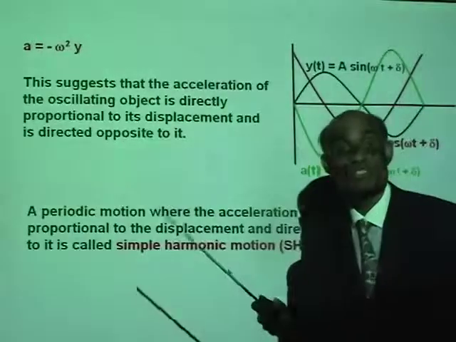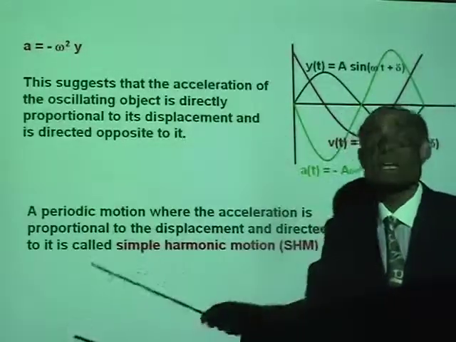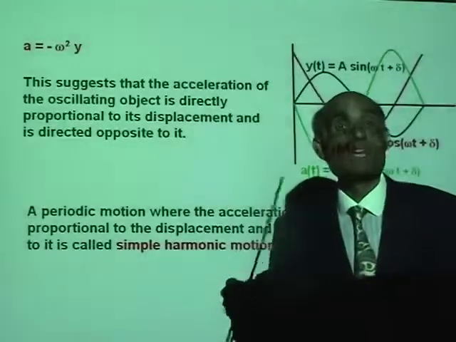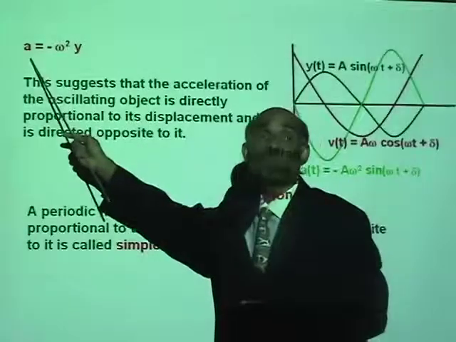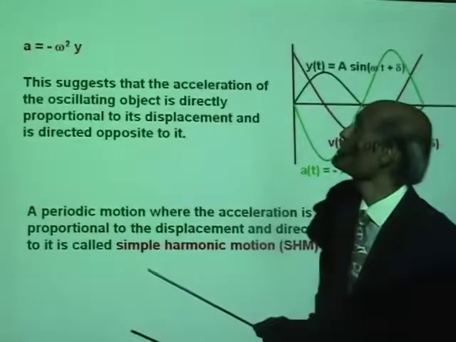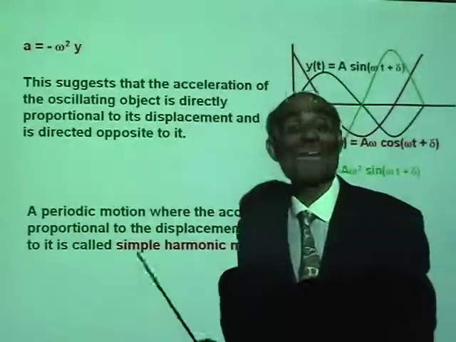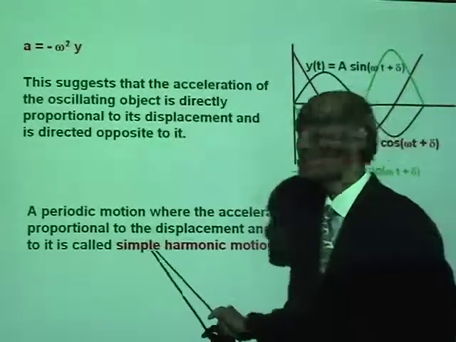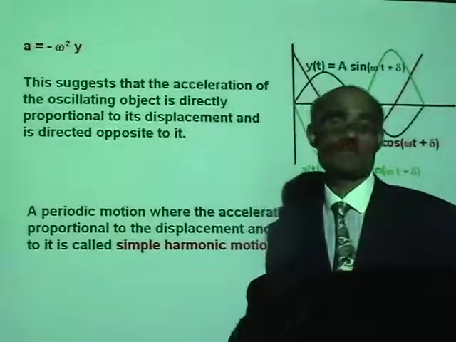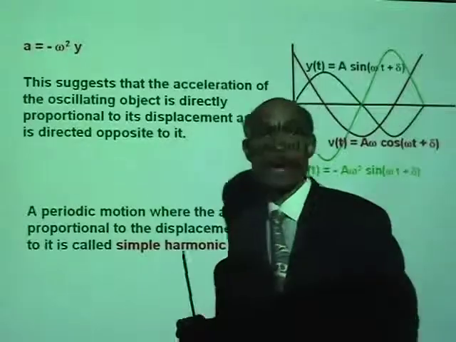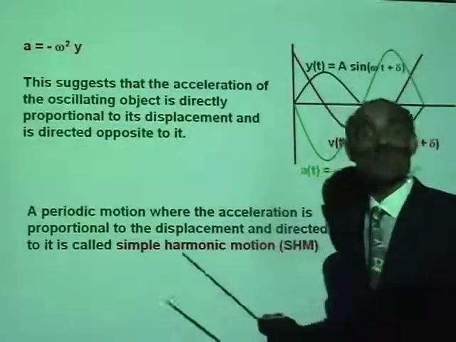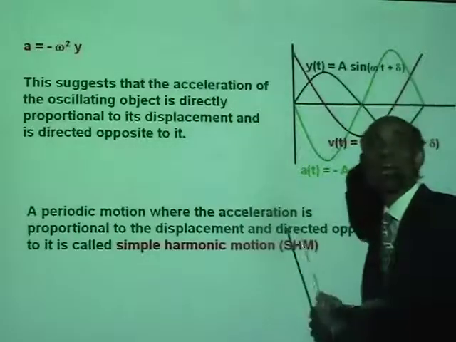So the oscillations of a loaded spring is a simple harmonic motion. And the acceleration of a simple harmonic motion is given by this equation. A equals negative omega squared y. So you must be very familiar with simple harmonic motion. And all our discussions on oscillations will be on simple harmonic motion, or SHM.